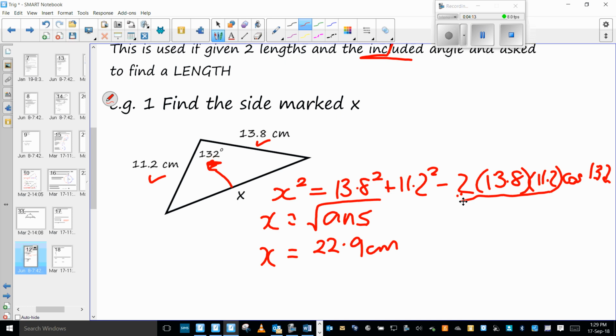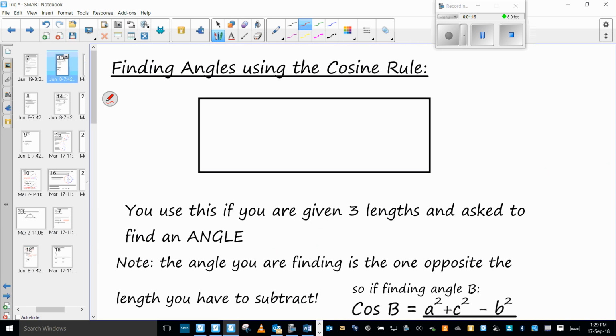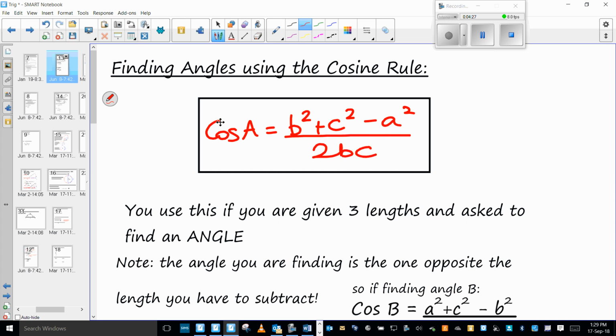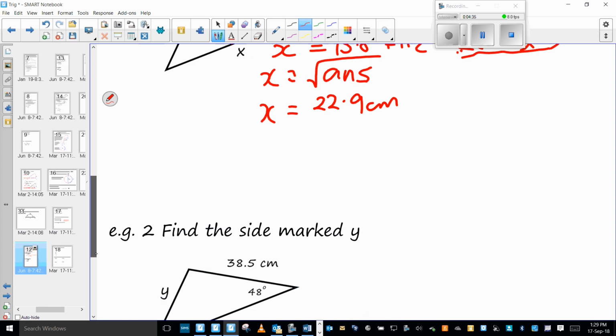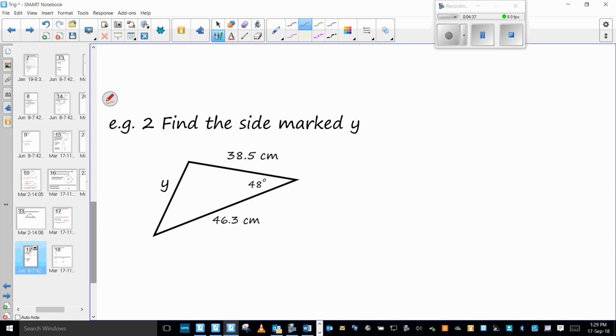Next. Okay, finding angles. One of the formats is cos A equals... Actually, there's one at the bottom first.